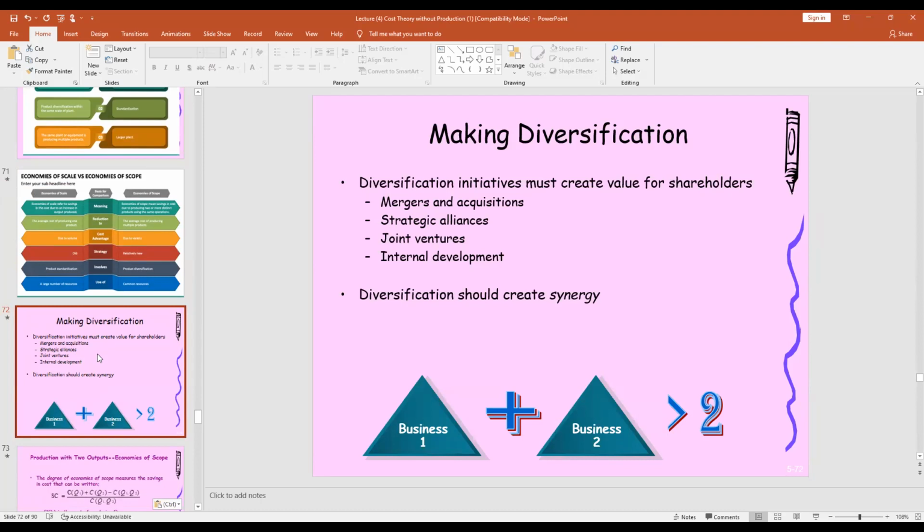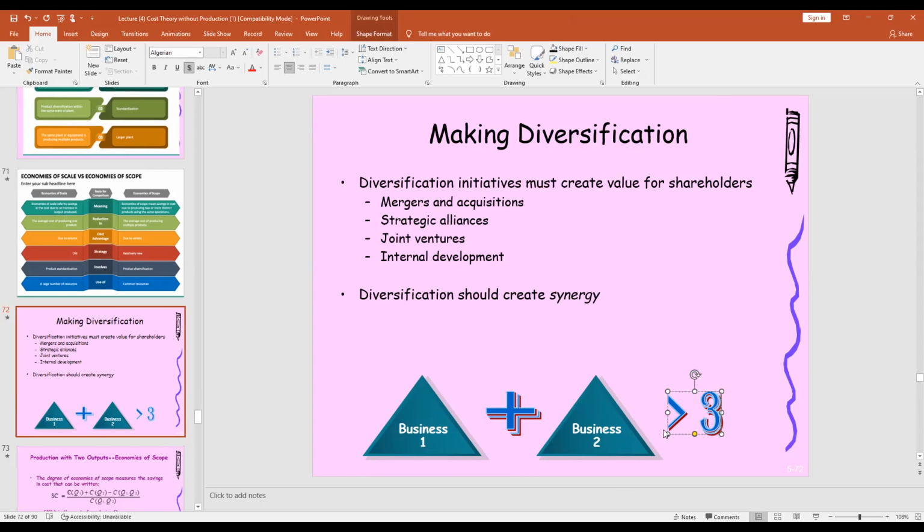Diversification should create synergy. Basically, 1 + 1 is mathematically 2, but here 1 + 1 should be 3, and with synergy it is more than 3.